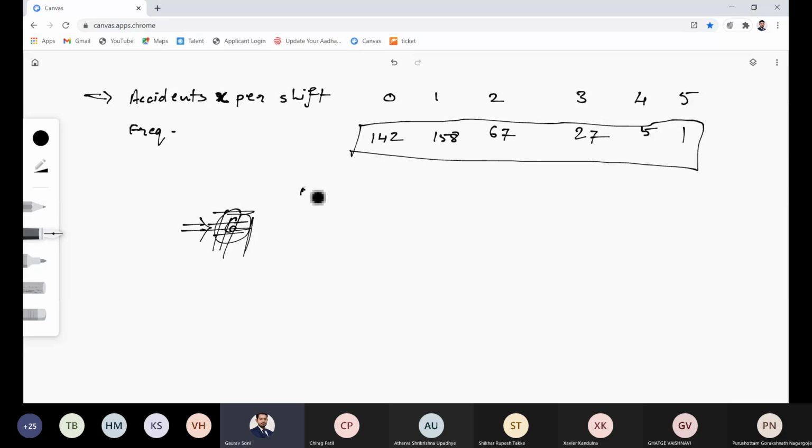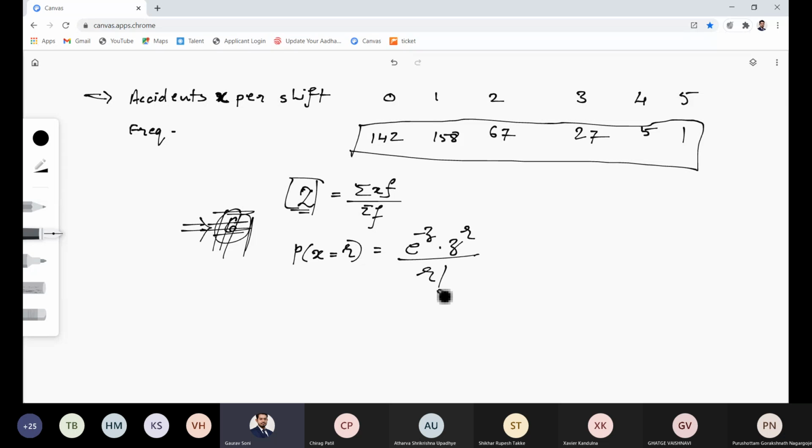I can find the mean for this data. You have x and the frequencies, so summation x into f upon summation f. So I will get the value of the mean, which is the value of z. Then probability of x equal to r is e to the power minus z, z raised to r upon r factorial.